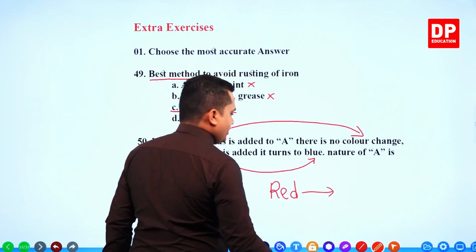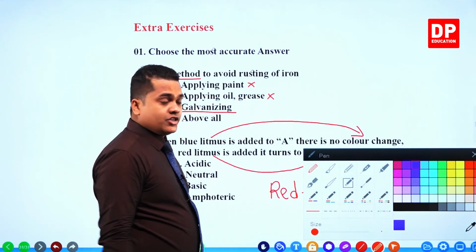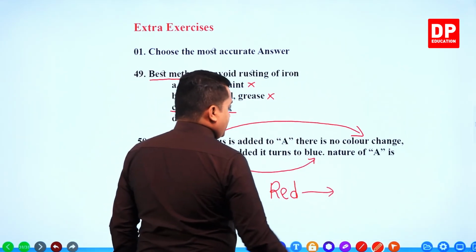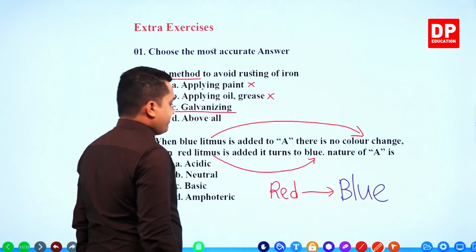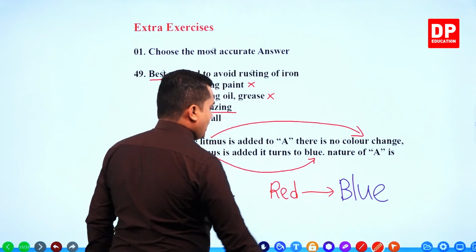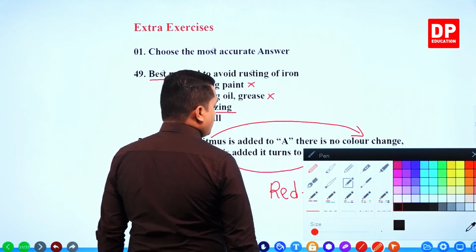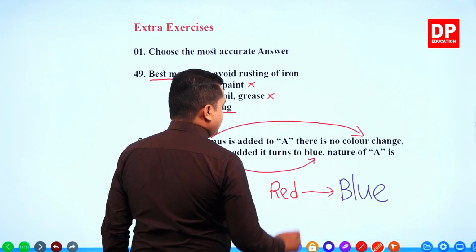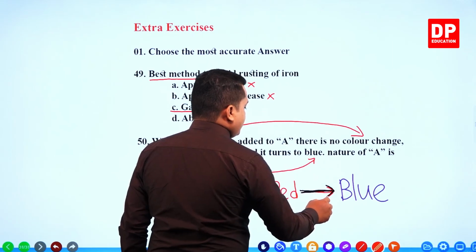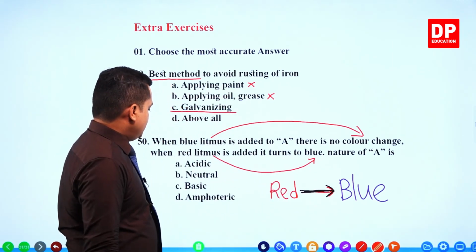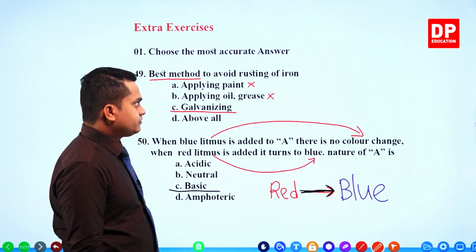Blue means the color of base, right? If red is getting converted to blue color, we can say that this substance is a basic substance. So basic substance is our answer, right?